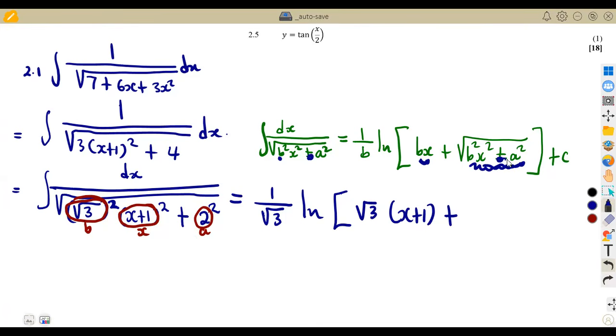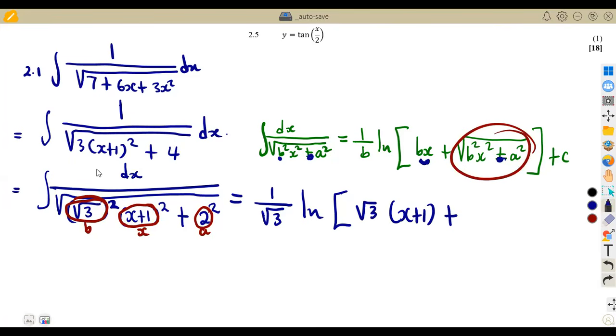Since there's a plus, we're going to take it as a plus here. This part represents the square root of this part as it is, which we took originally from here.